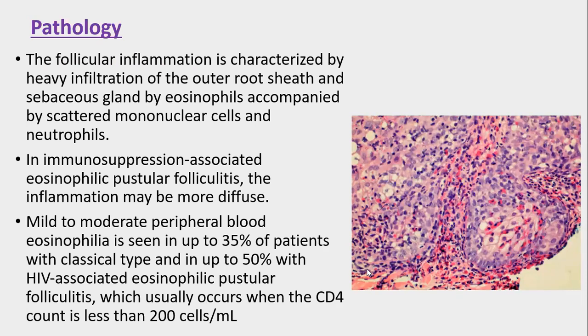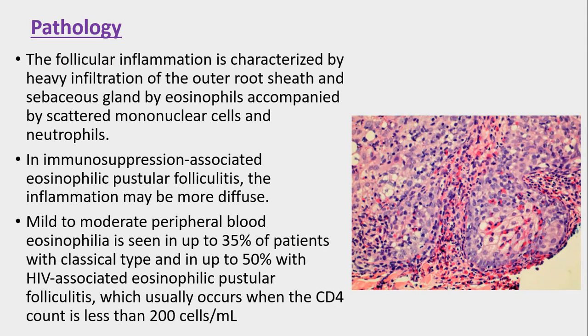Pathology. The follicular inflammation is characterized by heavy infiltration of the outer root sheath and sebaceous glands by eosinophils and scattered mononuclear cells. In immunosuppression-associated eosinophilic pustular folliculitis, the inflammation seems to be more diffuse.